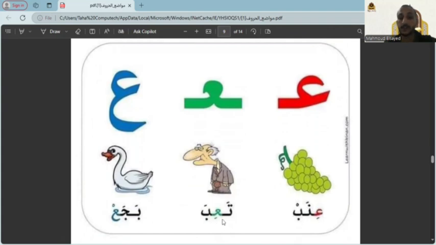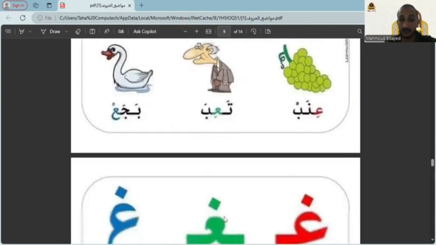In this case, here it comes in the middle of the word. And then we have Baja, where the position of the Ain is final position, at the end of the word. So beginning, middle, final, or at the end of the word.